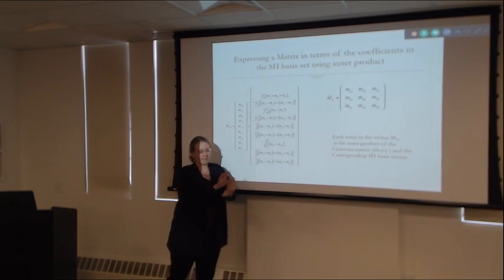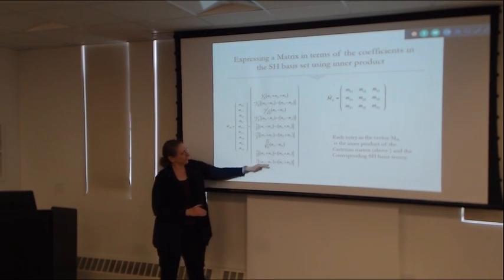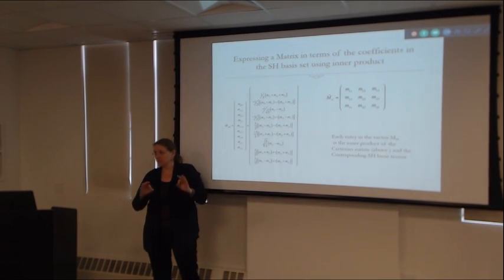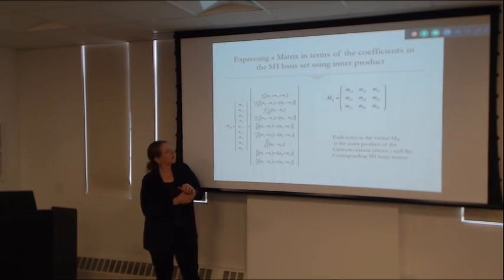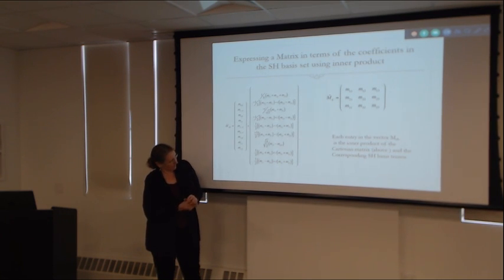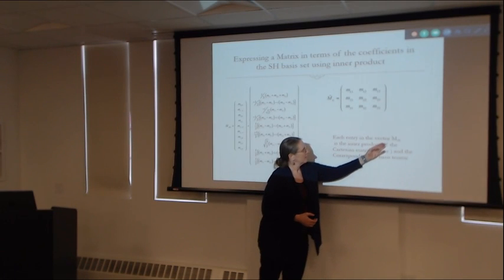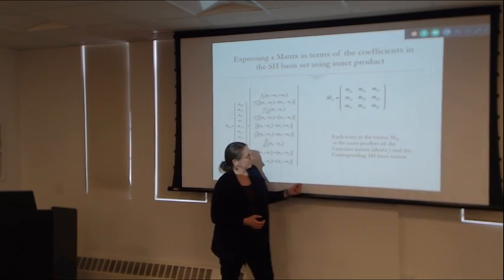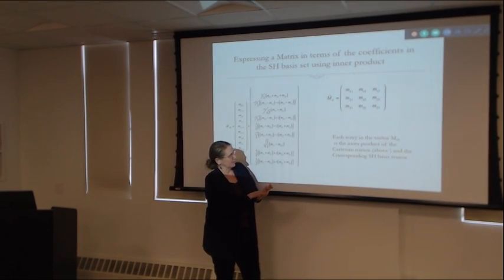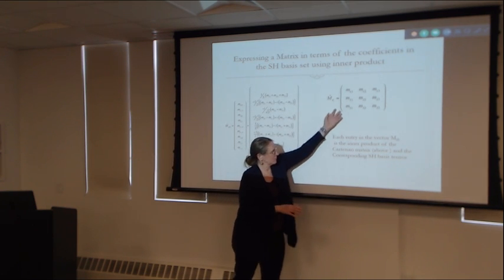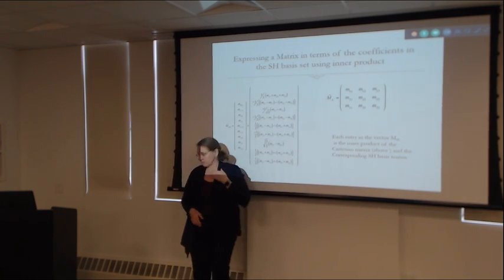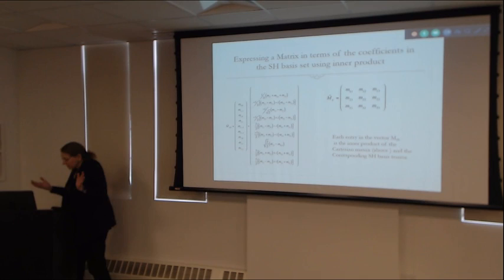So instead of that 9 by 9 matrix, I can just list out the components of each of those basis tensors. Each entry in this vector M, in the spherical harmonic notation, will be the inner product of the Cartesian matrix in its original form and the corresponding spherical harmonic. Just another way to write your matrix.